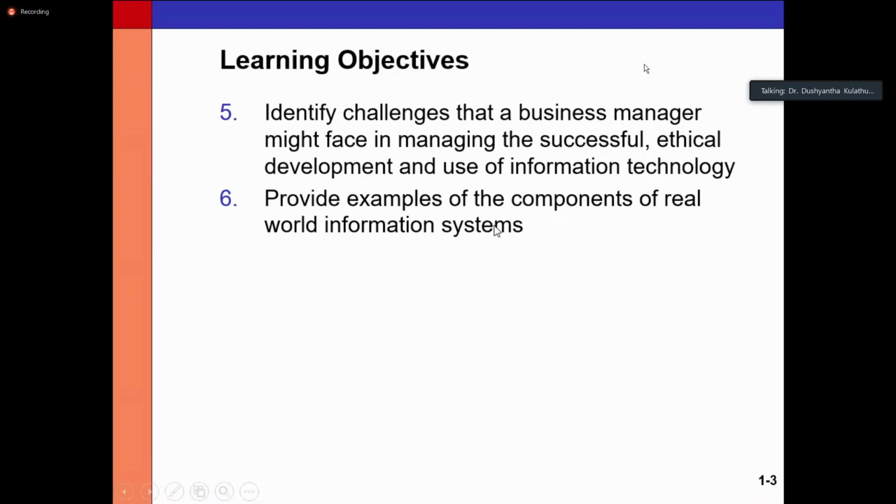So those are the 6 learning objectives that will be addressed during this chapter. I think you have some idea about what we are going to discuss, and with that in mind, we can move forward.